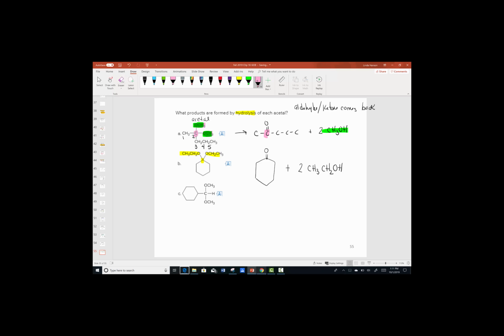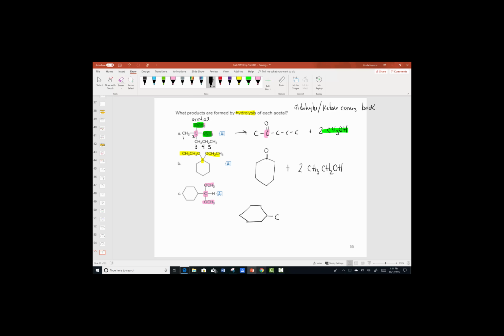And in our last one, here's the carbon attached to the 2 OR groups. It happens to be at the terminal end of a chain, so this will end up making an aldehyde. We have a cyclic structure, a 6-membered ring.